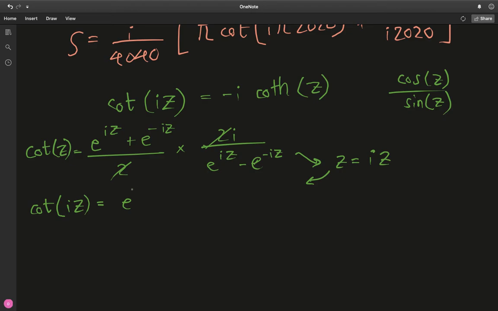I times I is negative 1, so negative z, plus e to the negative I times I, which will be positive because I squared is negative 1 and a negative will make a positive, z, divided by, let's include this 2 for now, let's not cancel it, and over here we have e to the negative z minus e to the positive z.